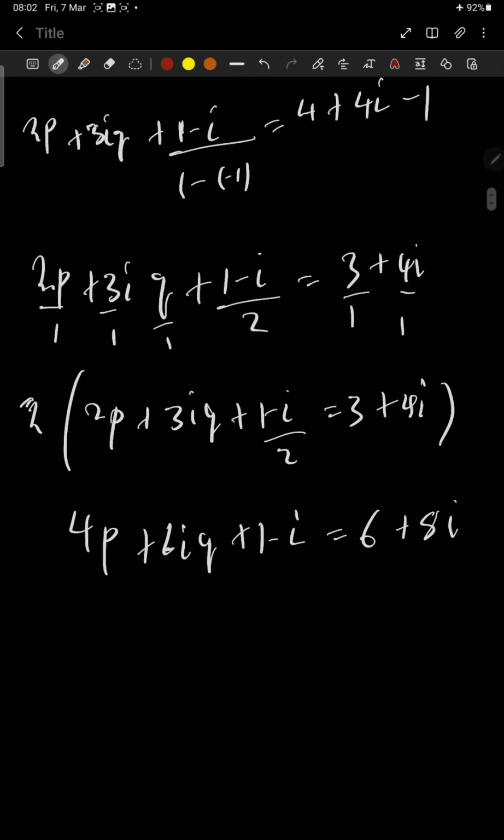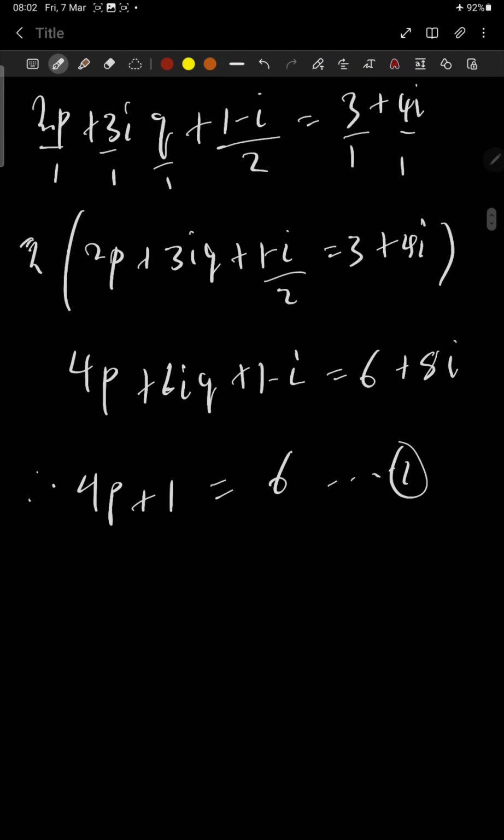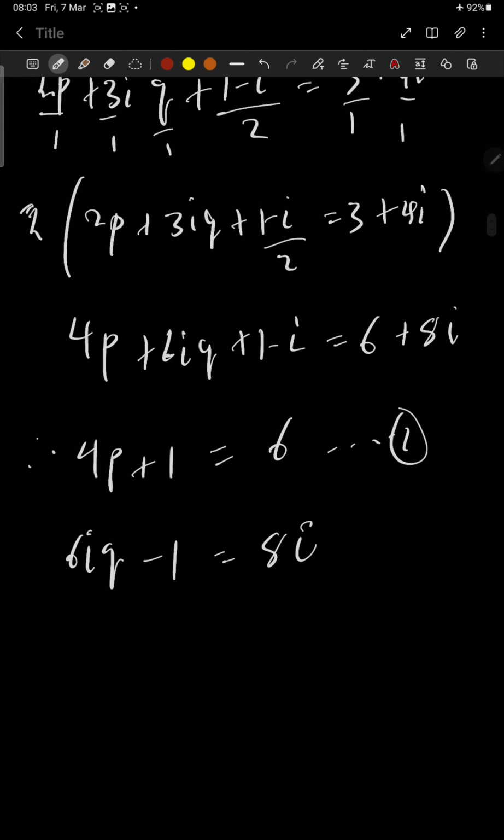Okay, so now guys, from here I'll equate real to real and imaginary to imaginary. So therefore I'm going to have 4P plus 1, these are the reals on this side, equal to 6. This is equation 1. Then the imaginary, I'll pick the coefficients and I'll leave the i's alone. So for the imaginary we have 6IQ minus I is equal to 8I, isn't it?